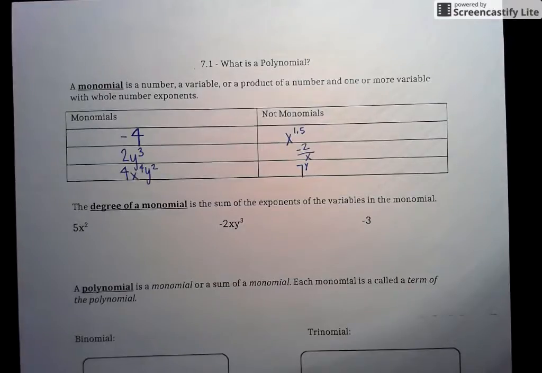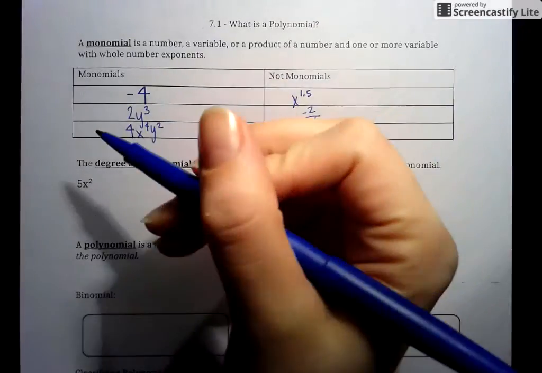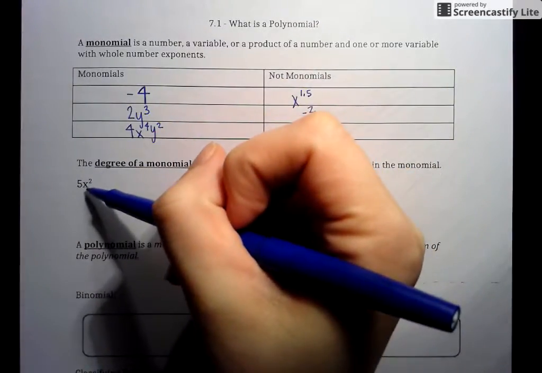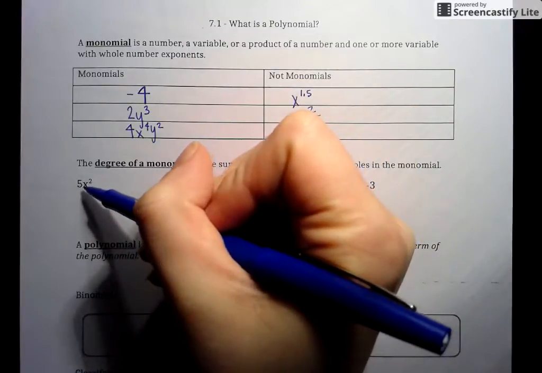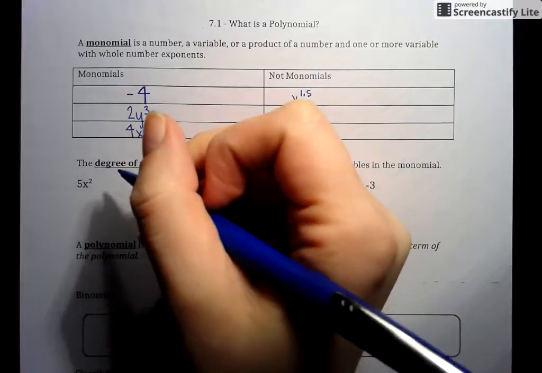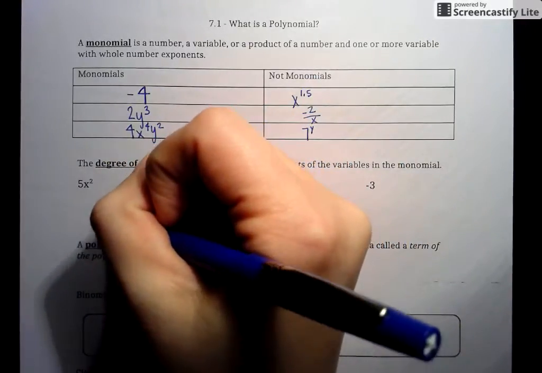Now, when we talk about degree, we're talking about what degree is the exponent at, and so it's the sum of the exponents of the variables in the monomial. So for example, it's 5 and it's x to the second power. Because that base has that 2, it's going to be a degree of 2.